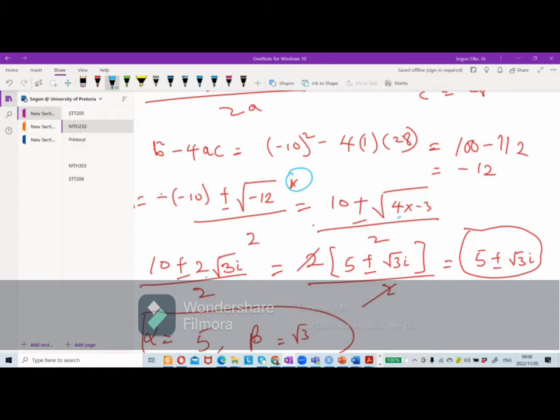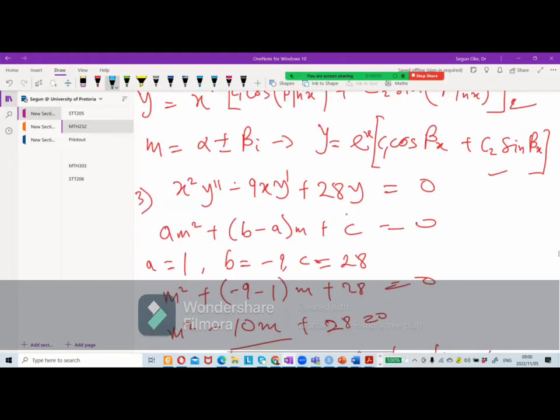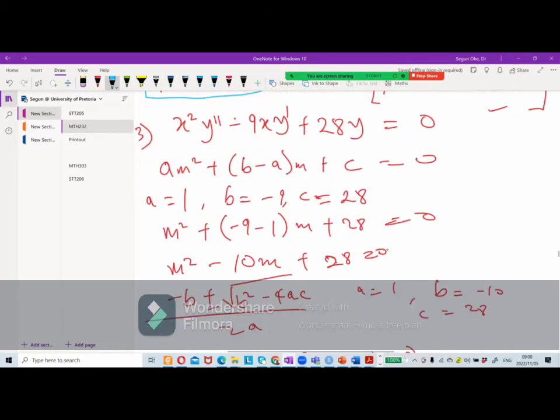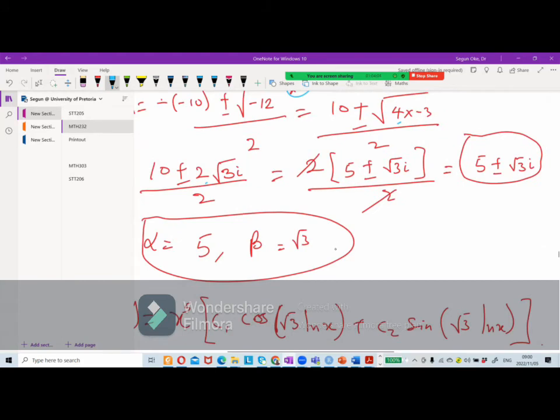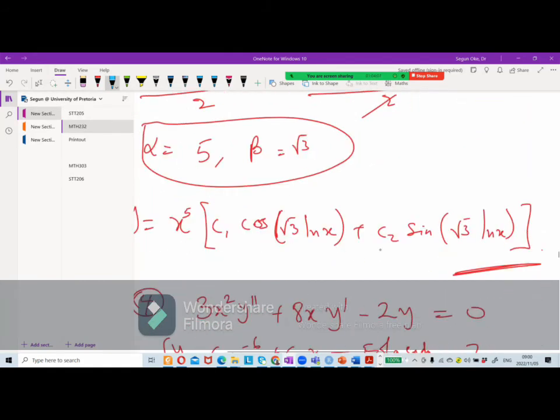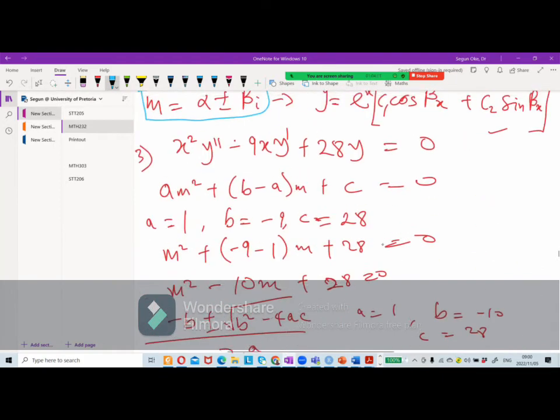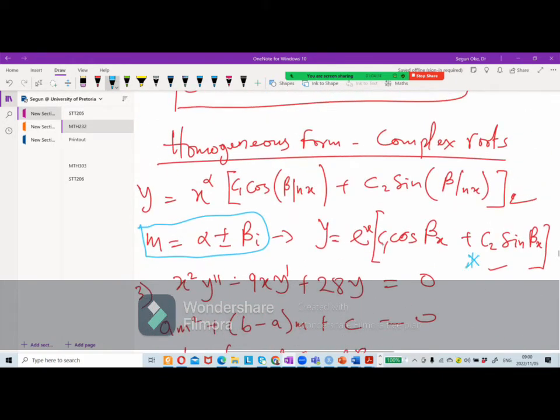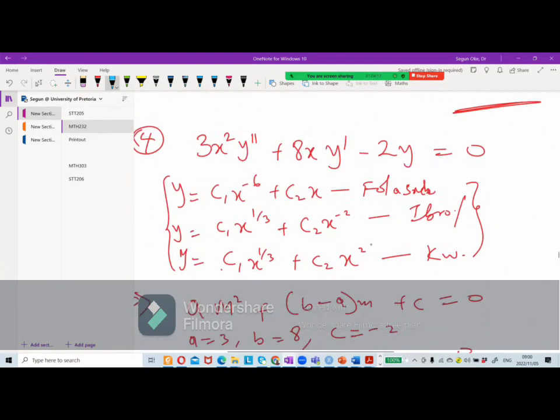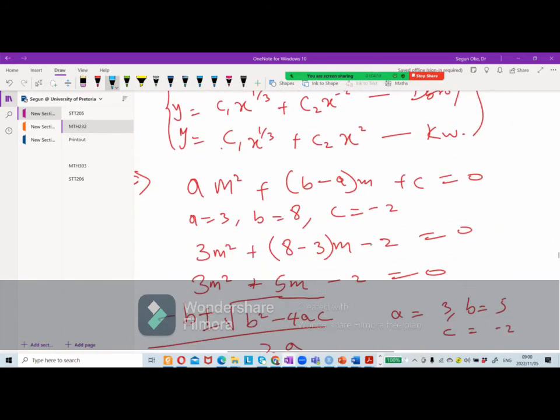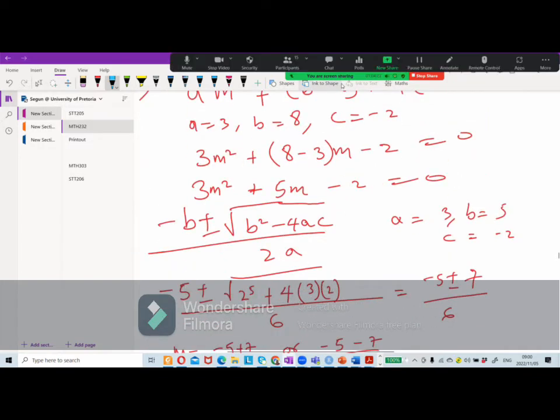That's why you can see 2 here. Then we don't need to prompt a calculator. We know as mathematicians that the square root of -3 will give you 3i. Then factorize your 2 out in order to eliminate this one. Now, don't forget the complex root is of this form. Identify your alpha and identify your beta. Then substitute it into the general formula. This is the general one. Substitute it here. Are we together now? Yes, sir, we are together.